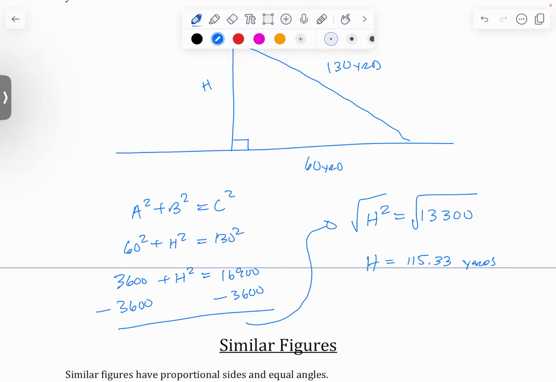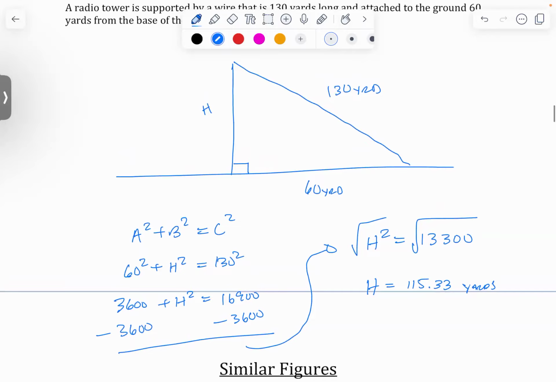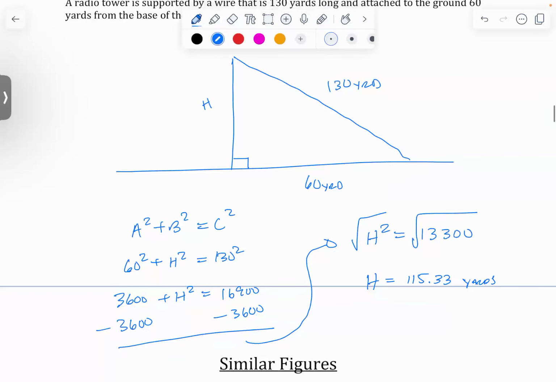And don't forget your units. And of course, don't forget the logic of it, right? When I see people forget to take the square root, if you have a 130-yard long cable, there's no way it's 13,000 yards tall. So the calculation is not complicated. Just make sure you follow through on the details.